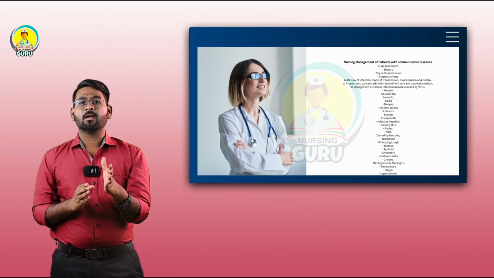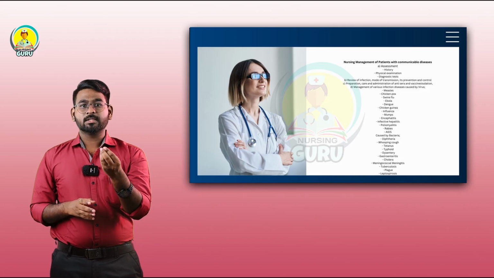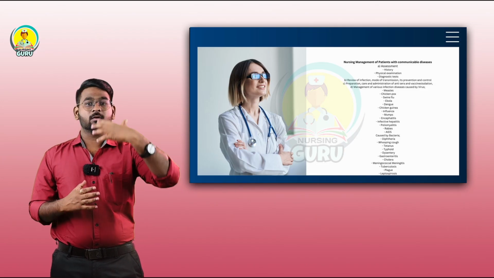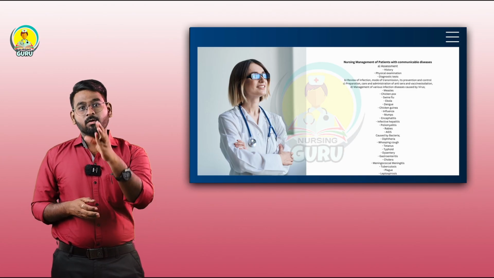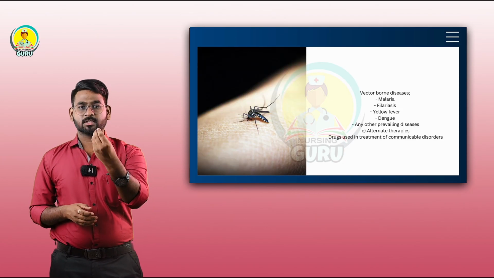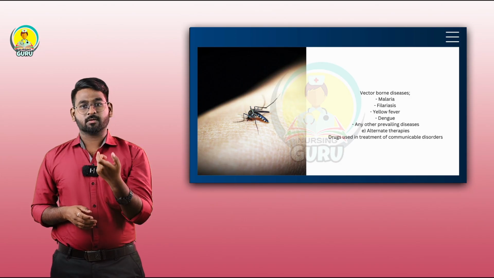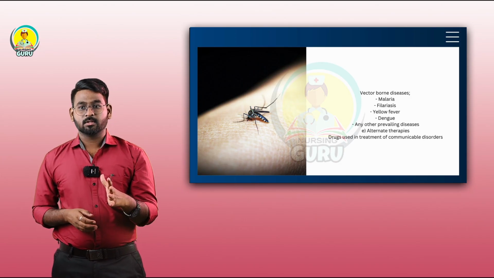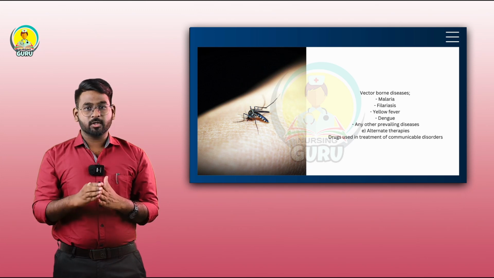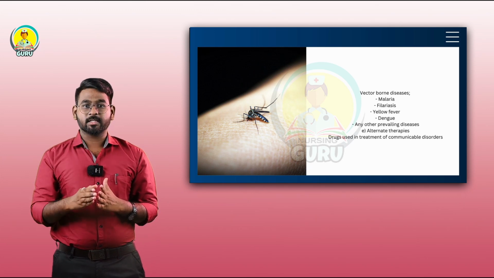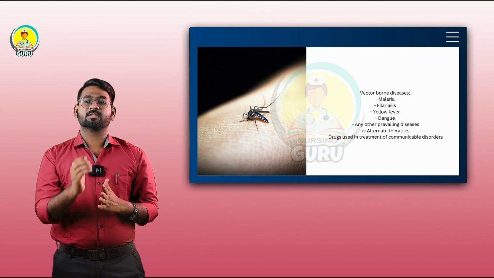As they are communicable diseases, we actually have broad classifications in the communicable diseases. We can expect some short essays from this unit. So you need to study the highlights: pulmonary tuberculosis is a highlight, hepatitis is a highlight, and tetanus, measles, mumps.